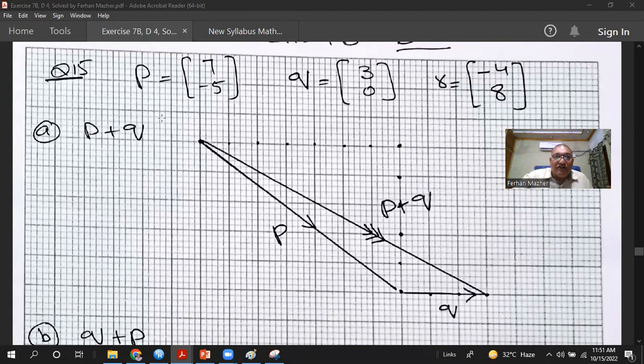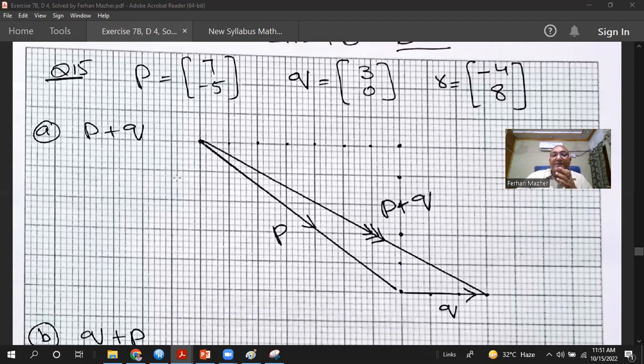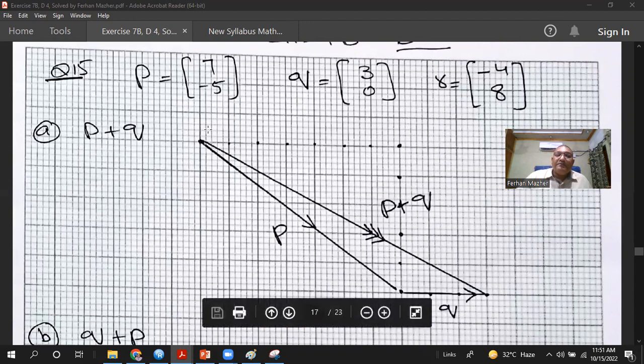So what I did, I drew the P, (7, minus 5), and then I drew the Q, which is (3, 0). Then I join the tail of the first vector with the head of the last vector, and this diagonal gives me the addition.